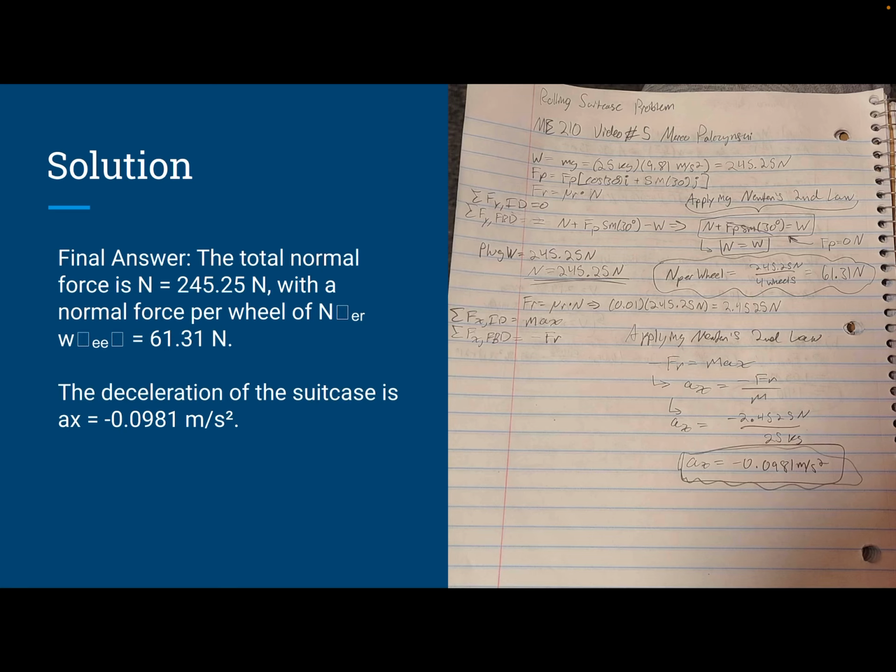To solve for each of the diagrams, we can say that the sum of Fx in the inertia diagram equals ma_x, and the sum of the forces in x for the force body diagram is negative Fr, the force of the static friction or the rolling resistance. And when solving for a_x, we get that the deceleration towards the left is 0.0981 meters per second squared.